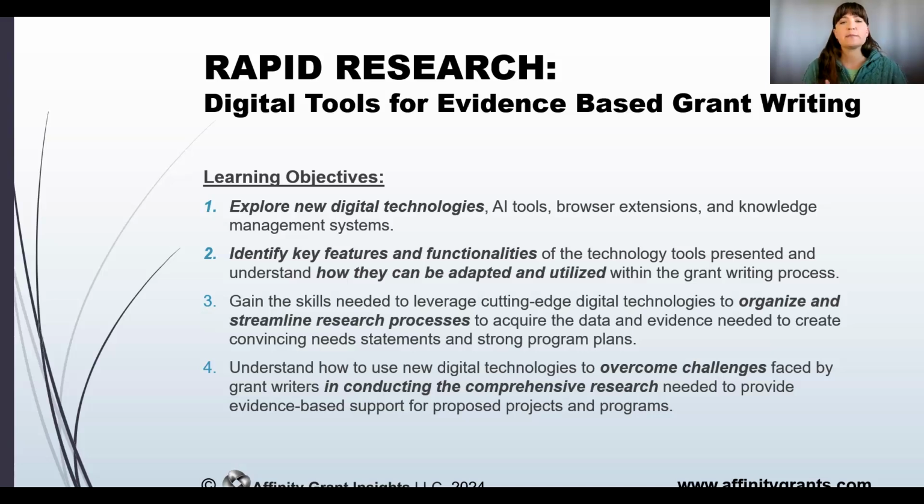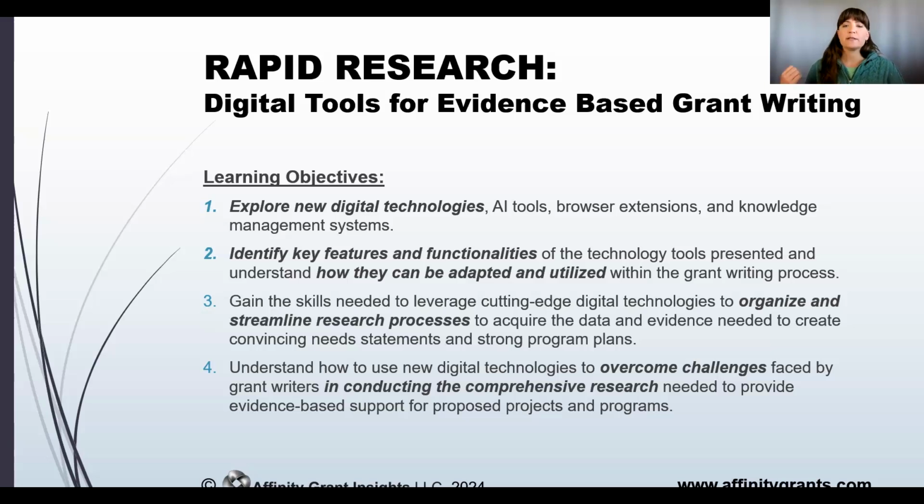We are going to be exploring new digital tools, AI tools, browser extensions, knowledge management systems that are used by academia when they are searching for evidence for their research projects. And we're going to use them for grant applications instead. We're going to identify key features and functionalities to better understand how these systems can be adapted and utilized in the grant writing process.